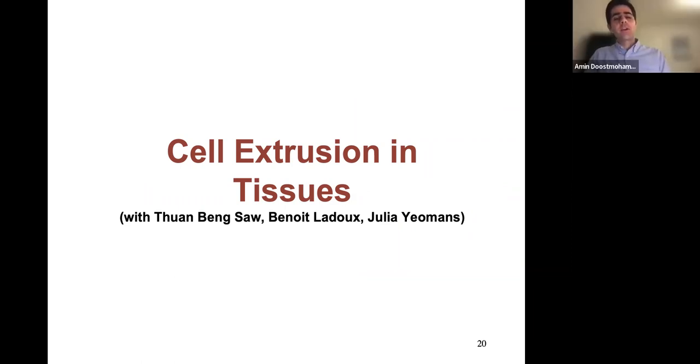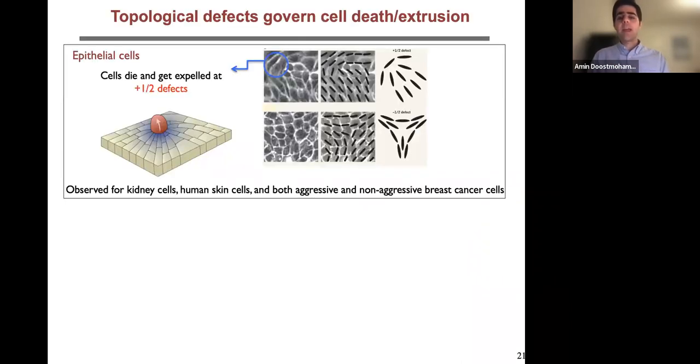Right. So the second part, I'll talk about a different system, but this is again about using physics ideas in biological systems to learn something about biology. Now we are looking at the epithelial cells. These are the cells lining the surfaces and cavities in our bodies. In these systems, we also find these half-integer defects.